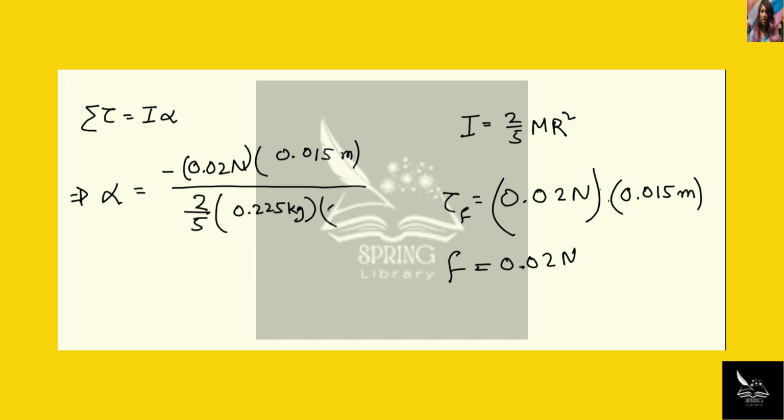Then we multiply that with 0.015 meter squared. Combining this, we get the angular acceleration as negative 14.8 radian per second squared. Now we know the angular acceleration, and I guess that's what we need in part A.